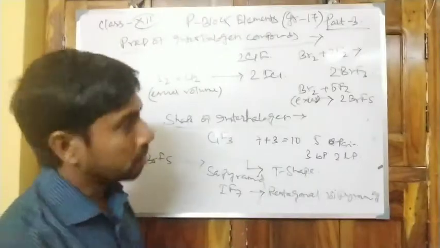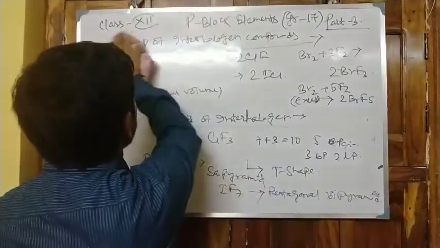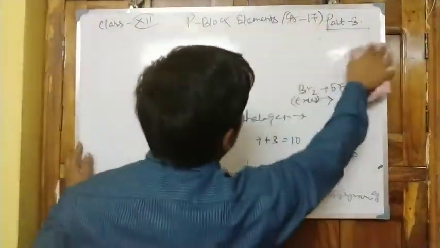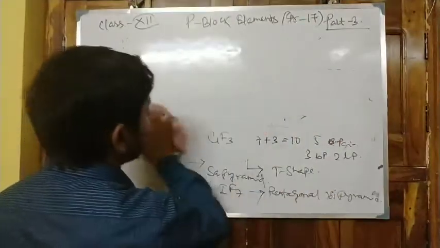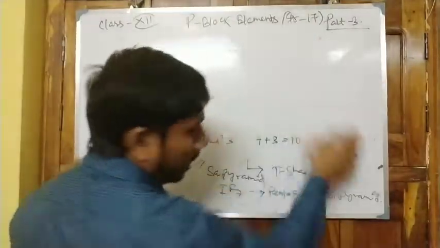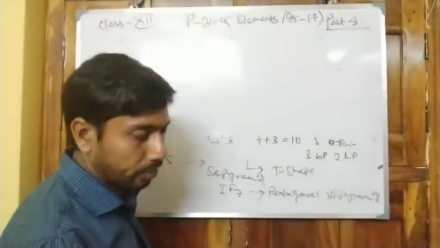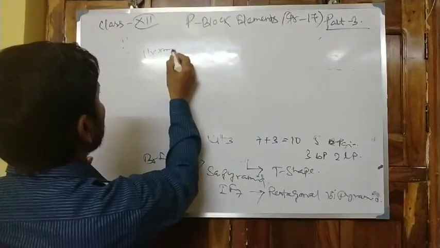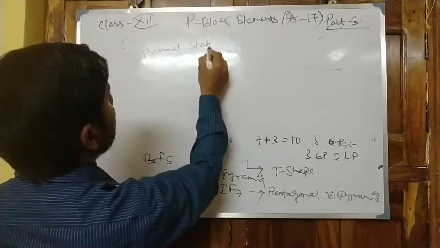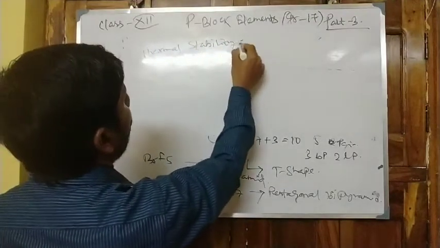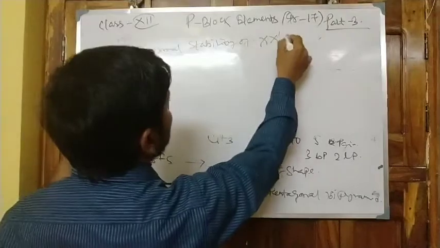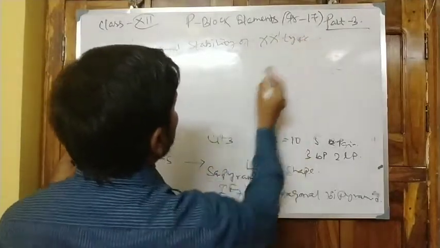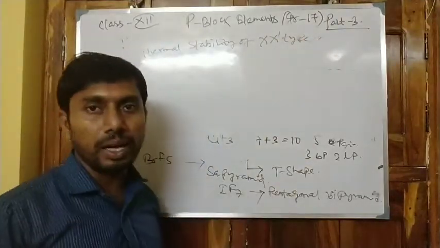Next, thermal stability of interhalogens, specifically the XX' type, that is ICl, IBr, IF.